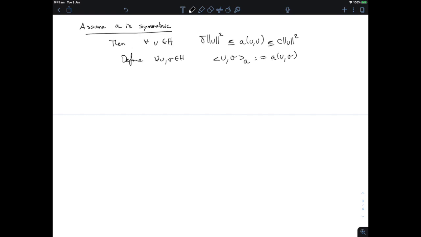Now this is bilinear, and the quadratic form associated with that is equivalent to the norm of the Hilbert space that I started with.